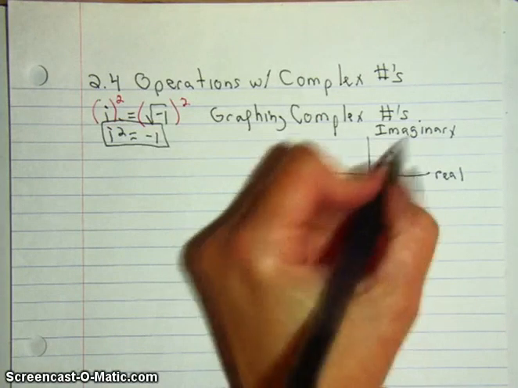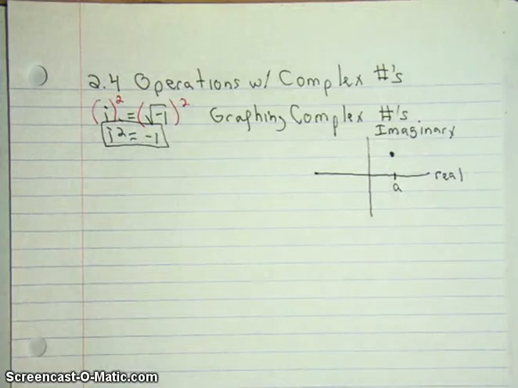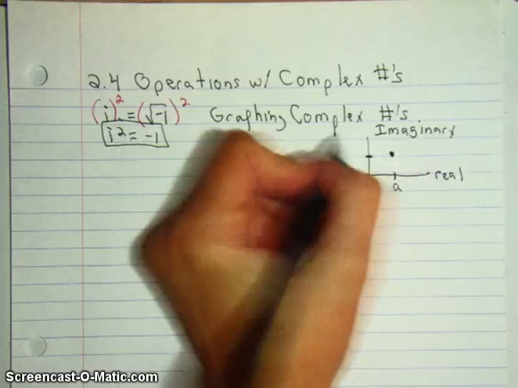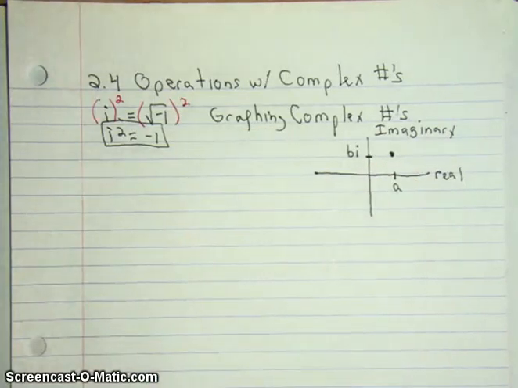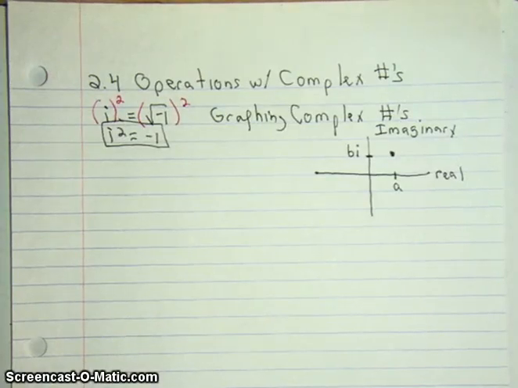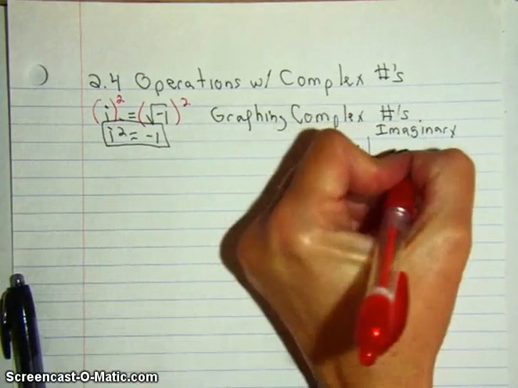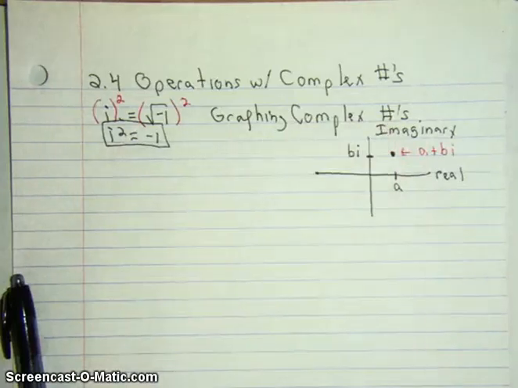Let's say on the real axis, it's over a units, and on the imaginary axis, it's up bi units. So it's over a, up bi. So this point right here is a plus bi.